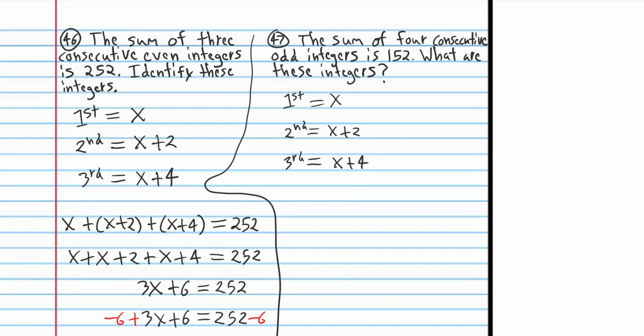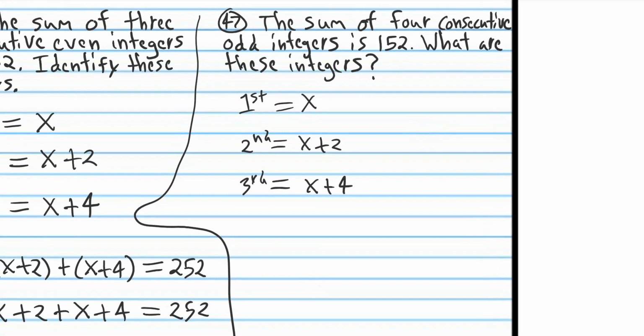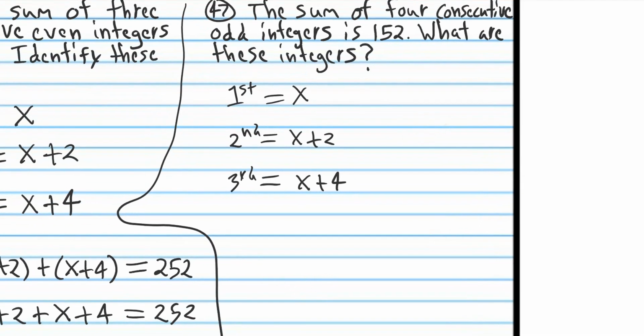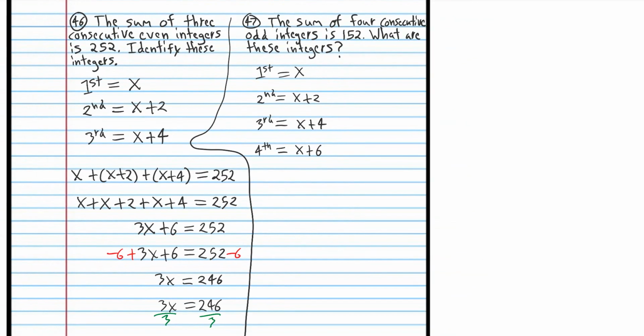Then the next one, you would add 2 to get 51, the next odd number. And then 53 would be the next odd number, and so on. But now we have 4, so we have to go all the way to x plus 6. So it says the sum of all those numbers is equal to 152. So we have to add up all those numbers.